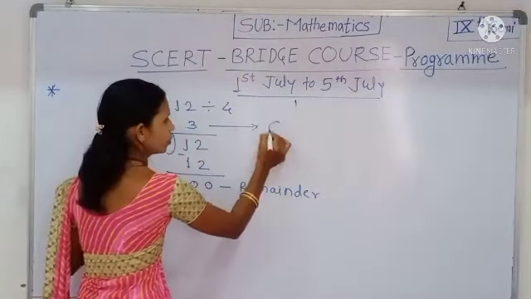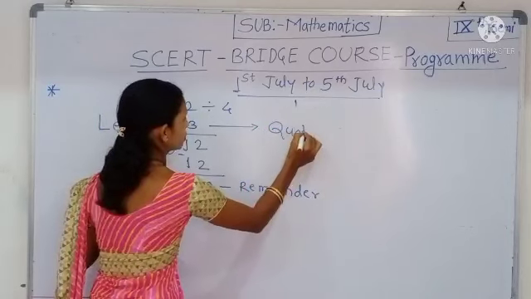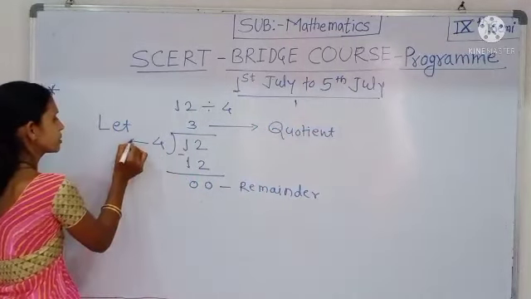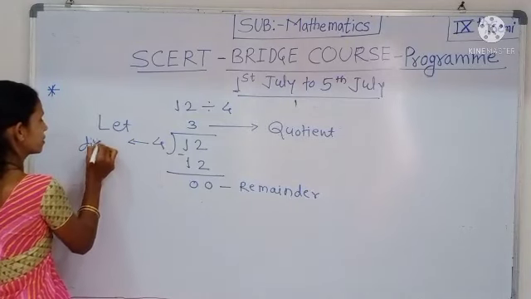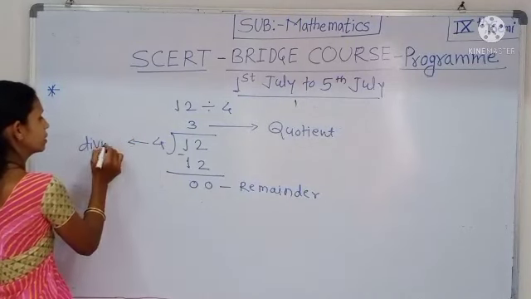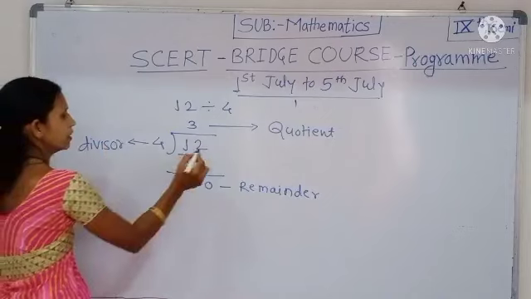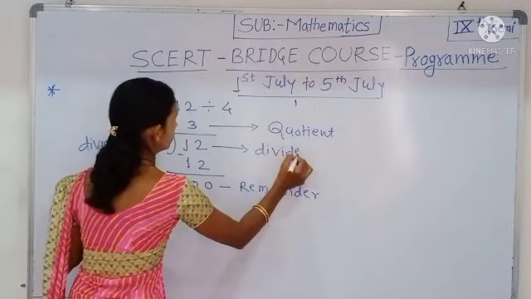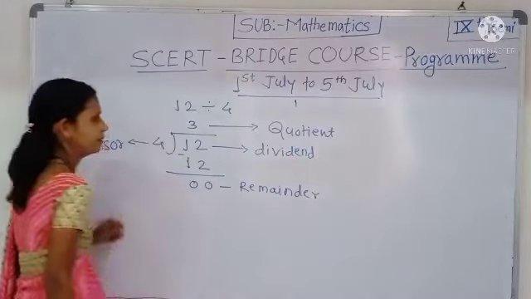3 is the quotient. 4 is the divisor. And 12 is the dividend.